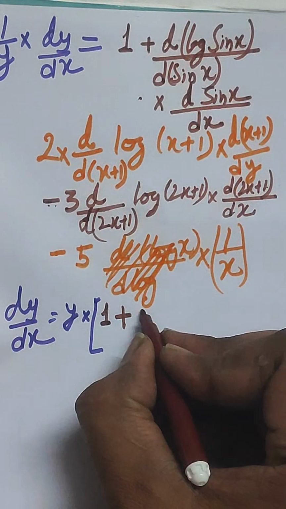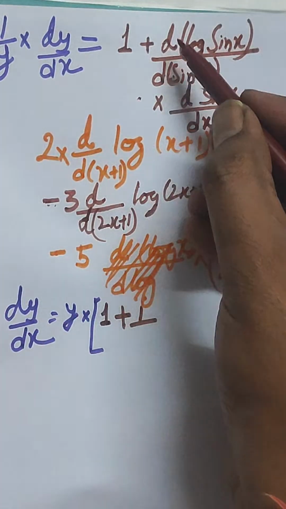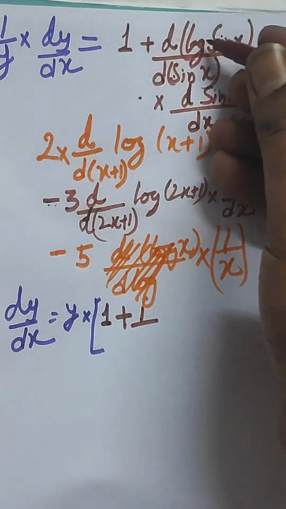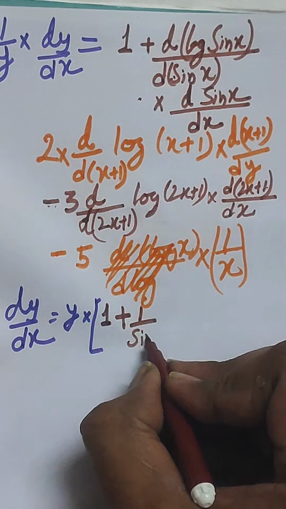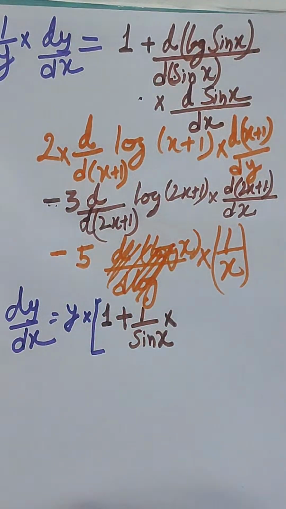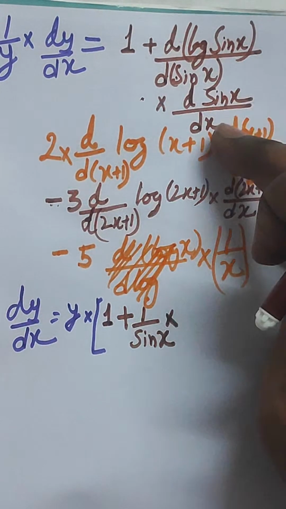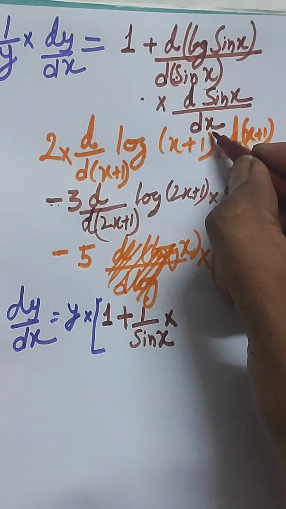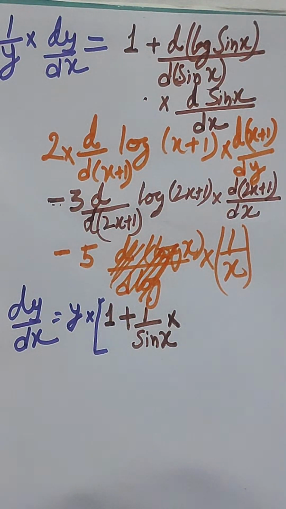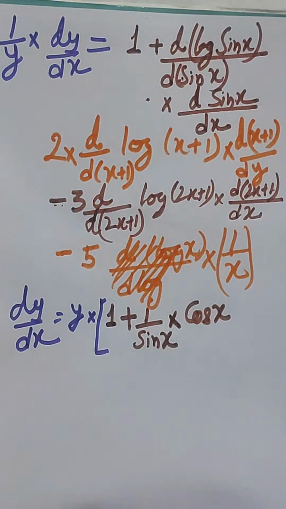It will be 1 by sin x. Differentiation with respect to x of log x is 1 by x. So for log of sin x it is 1 by sin x. Am I wrong? Right. I am right. Thank you. Now we are left with differentiation of sin x with respect to x. So what is differentiation of sin x with respect to x? Of course, cos x. So cos x will be here.